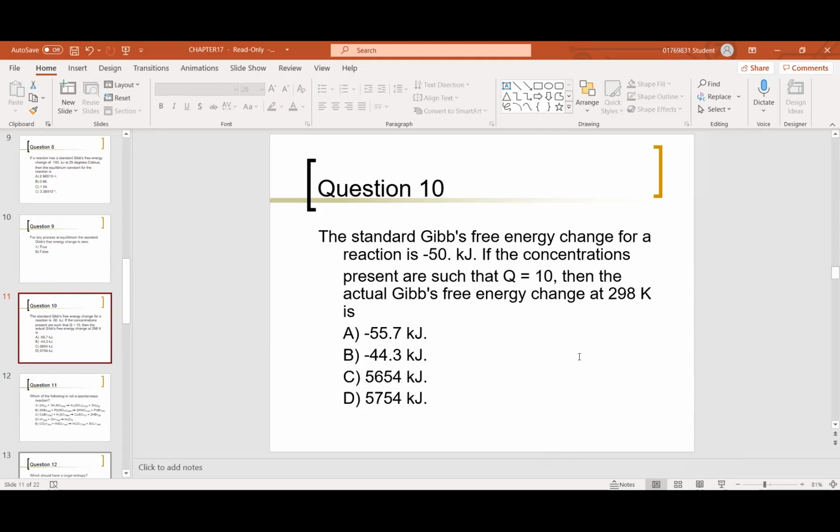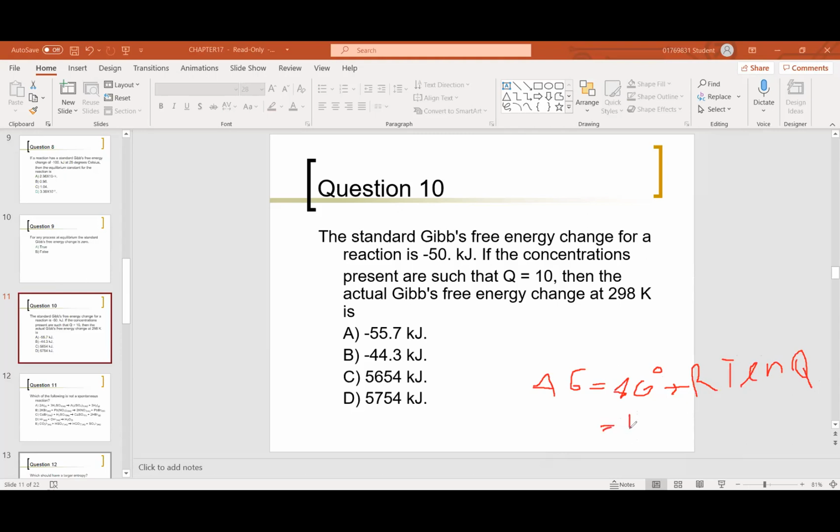Oh, in that case, I don't remember going too much into this one. We sort of just learned it, but it was delta G equals delta G naught plus RT ln Q.